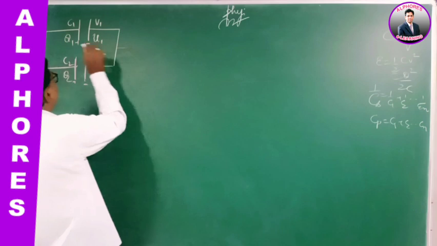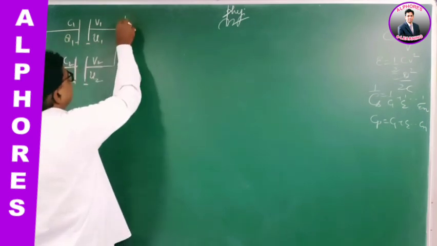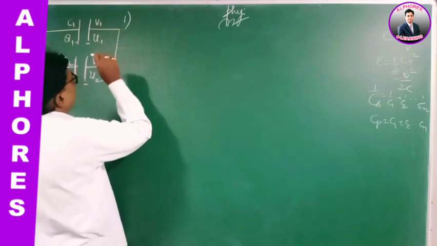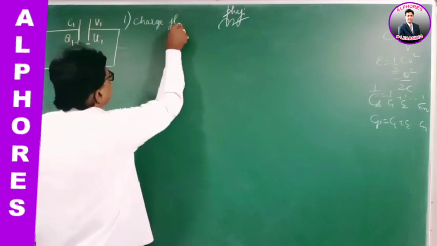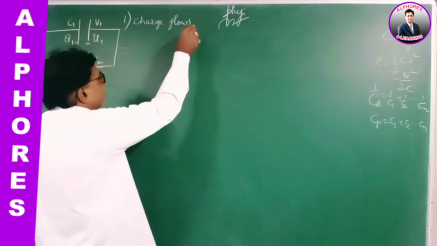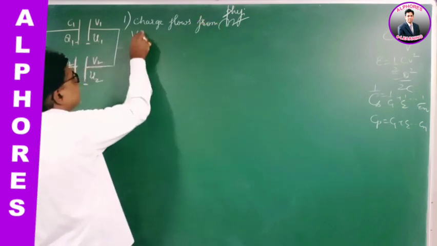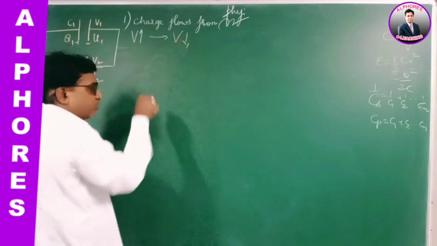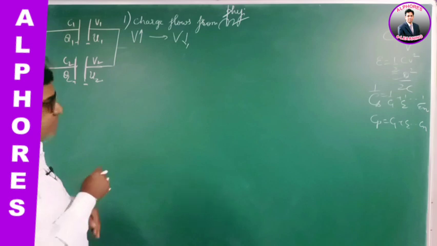If they are connected in parallel this way, then first point, charge always flows from high potential to low potential. So charge flows from the capacitor with more potential to the capacitor with less potential. So redistribution of charge takes place.